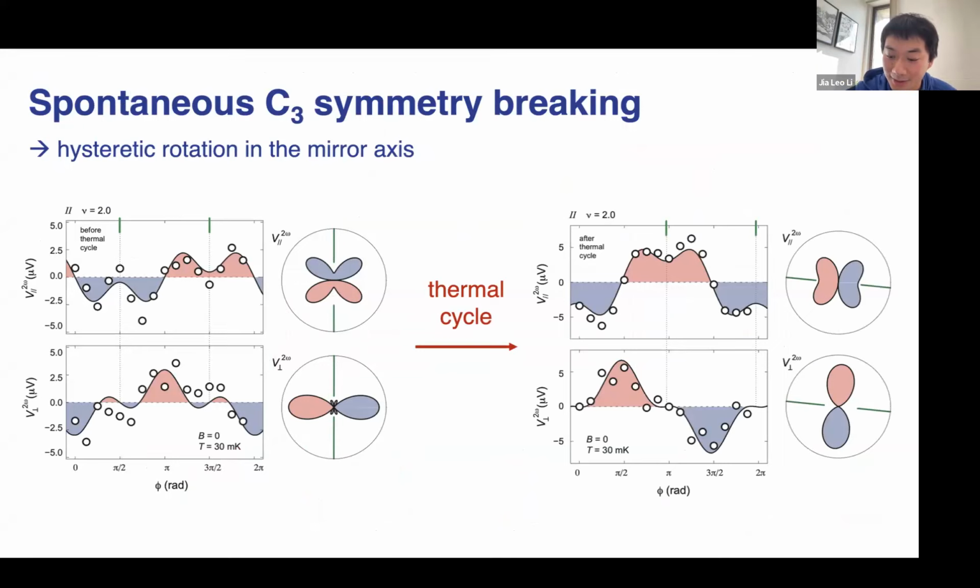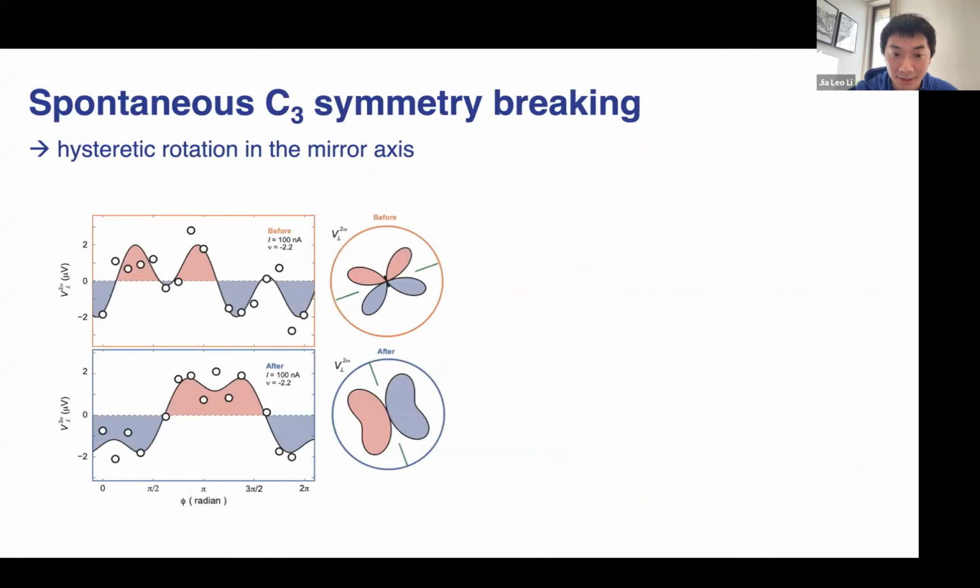Which is consistent with the system just randomly picking one of the degenerate states. At the same time, the mirror plane can also be tuned by current, right? So the top panel is measured before we apply a large current. We do a small current measurement, we get this mirror plane direction, and then we apply a large current and come back, right? And the mirror plane rotates substantially.